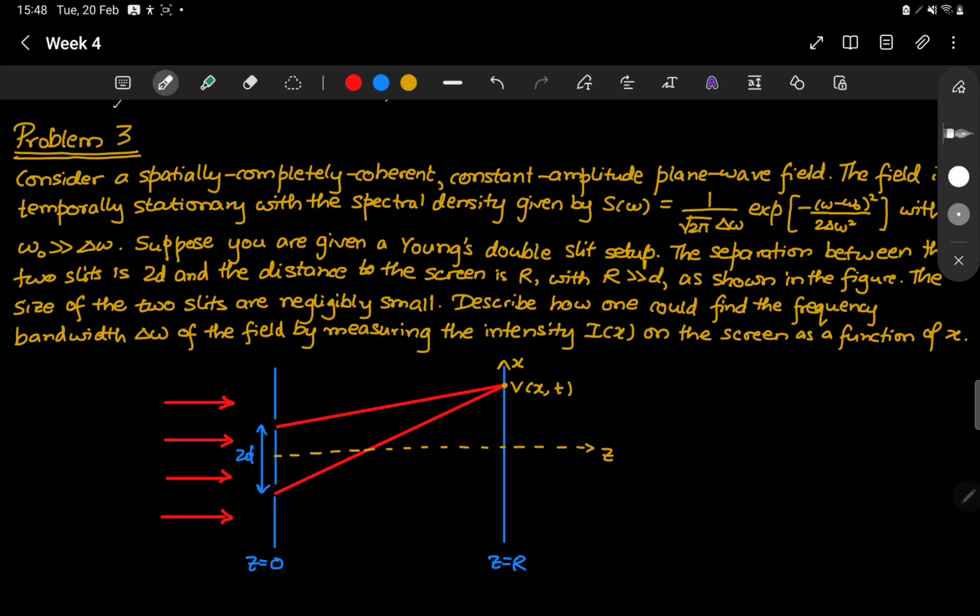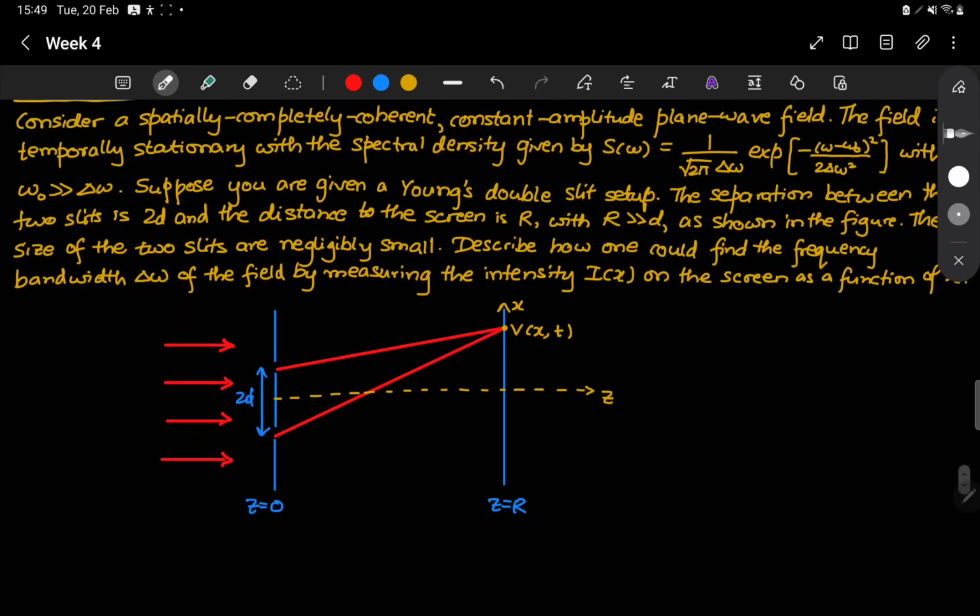So our coordinates are drawn. The z coordinate basically is in the direction of propagation of the field, and on the screen the pattern that we are looking at is along the x coordinate. So we have an incoming field over here.